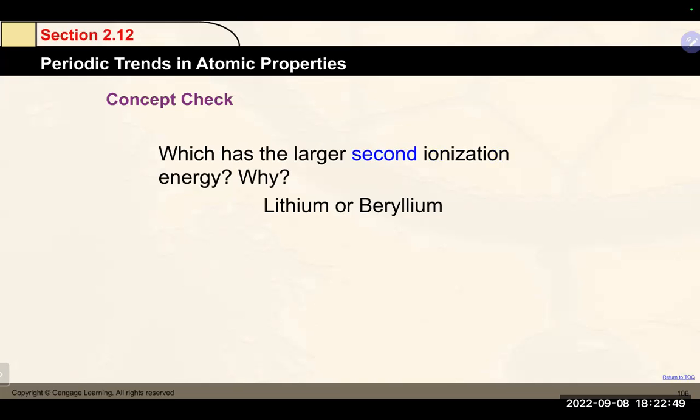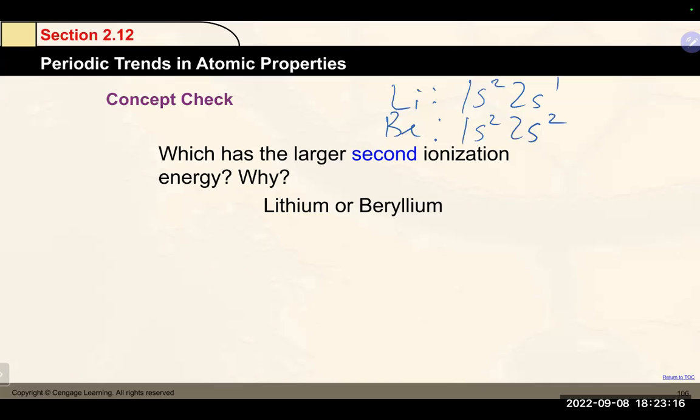Now, which one should have a larger second ionization energy, lithium or beryllium? Beryllium, okay. So let's take a look at it. Let's look at the electron configuration for lithium, which is 3, I think, still: 1s2, 2s1. Now, beryllium is 4 right next door, and that is 1s2, 2s2.